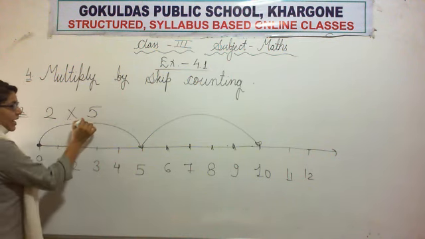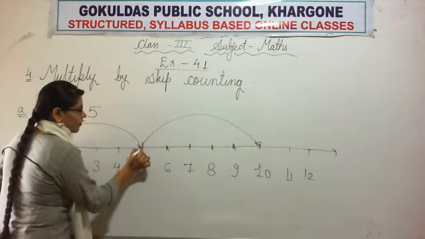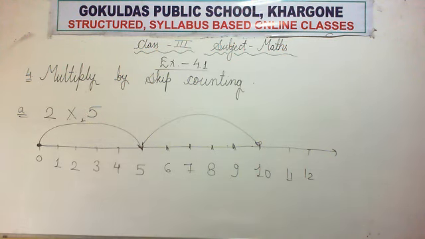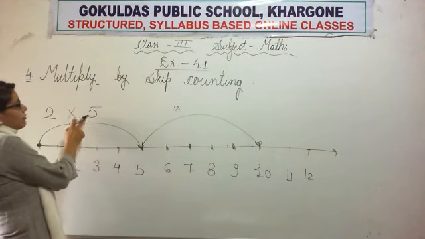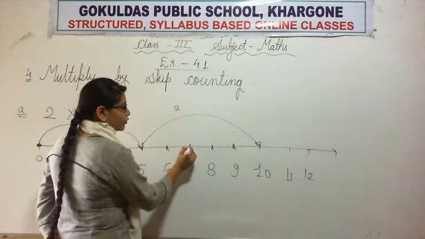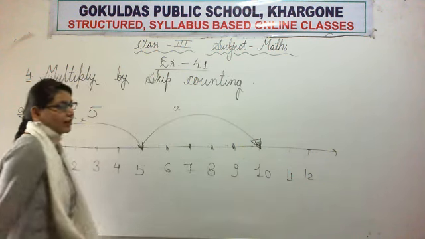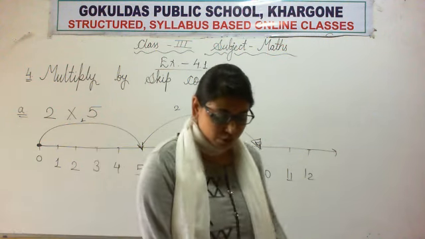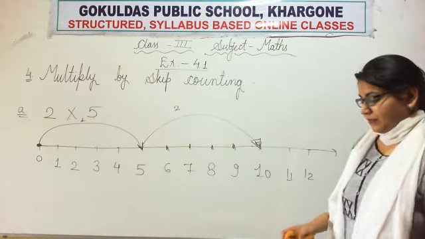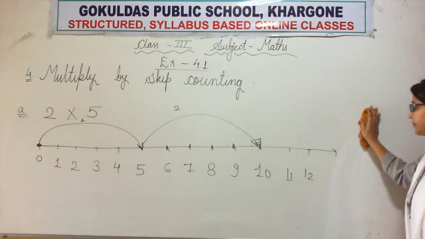So one time we skipped 1, 2, 3, 4, 5. We came here. Now again we need to skip one more time because 2 times 5. So 1, 2, 3, 4, 5. So we reached number 10. So draw this in the book, dear students. Okay. The next question.